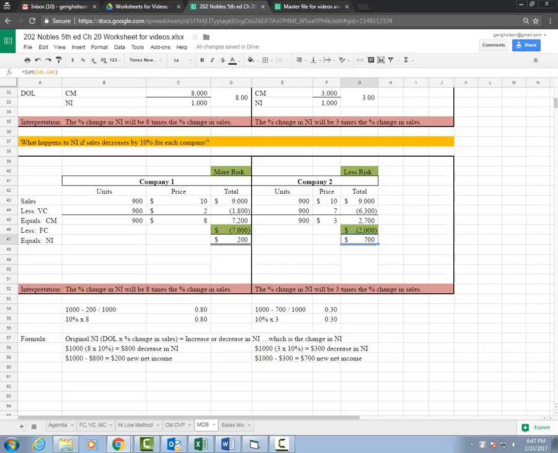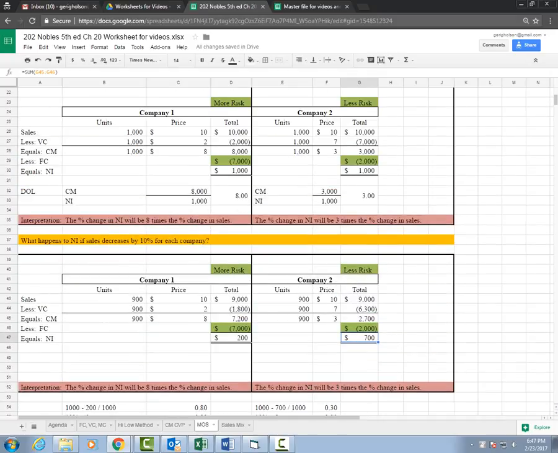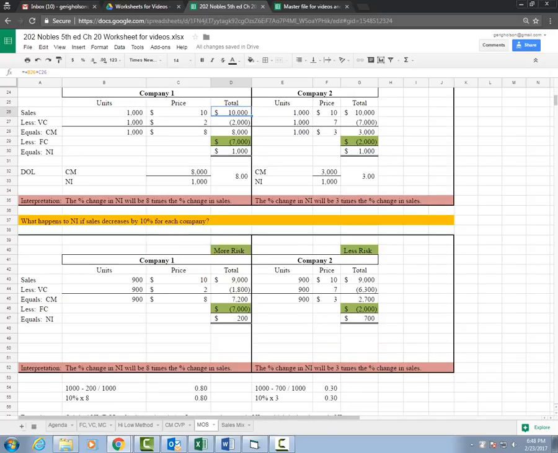The percentage change in net income. Okay, so let's get that percentage change in net income. The old net income, 1,000, minus the new net income, divided by the old net income, what you came from.